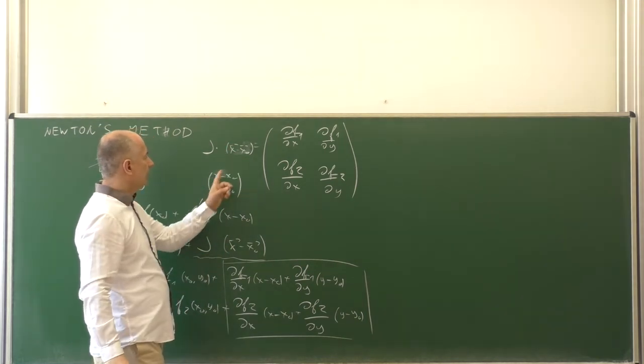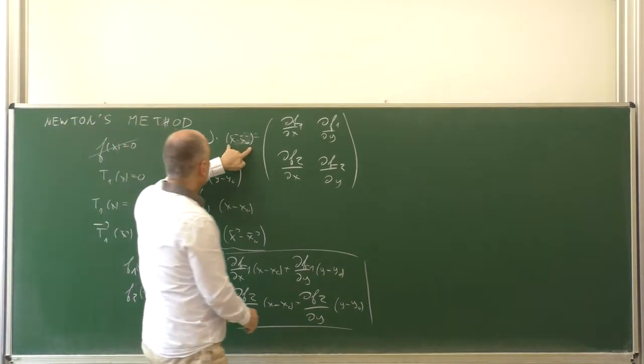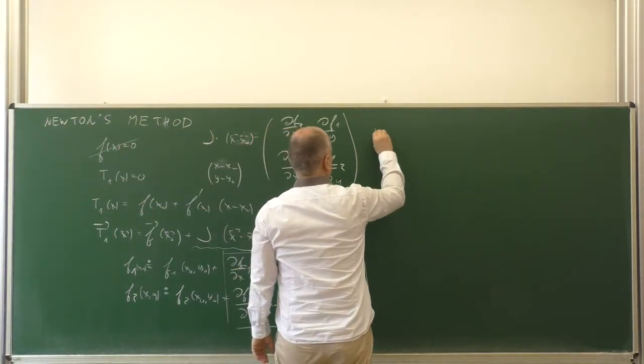This is with arrows, this is without arrows. Then we multiply by this vector.